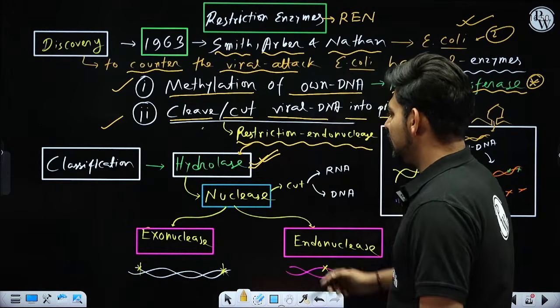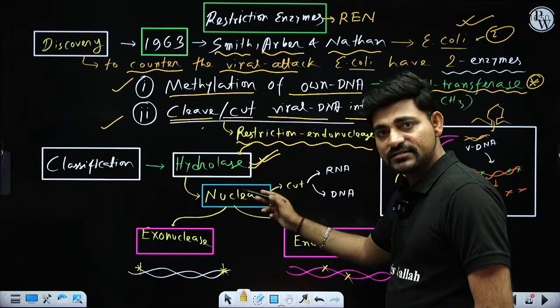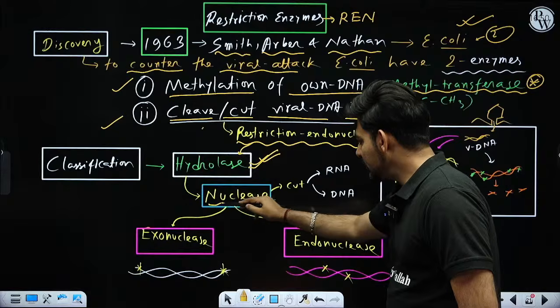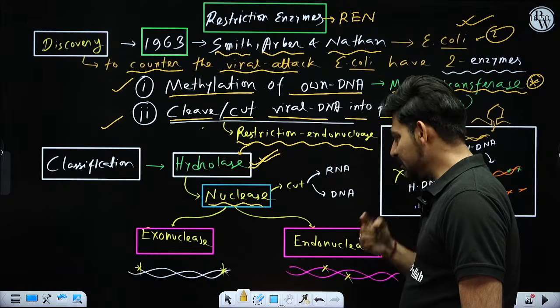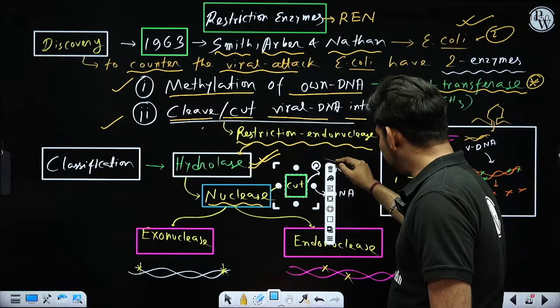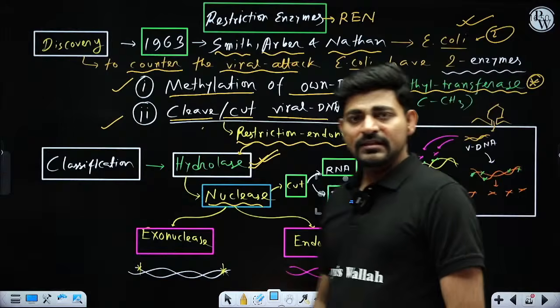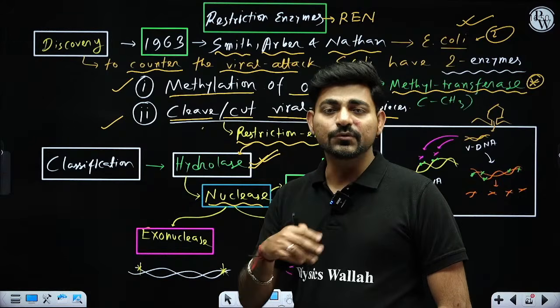Now this hydrolase has a subgroup called nuclease enzyme. Nuclease enzymes are responsible for cutting RNA as well as DNA, that is, nucleic acid.